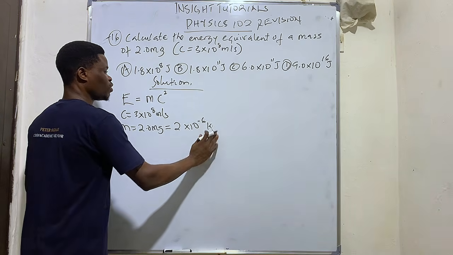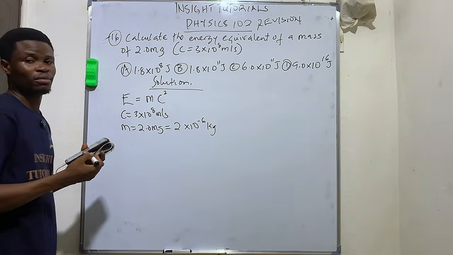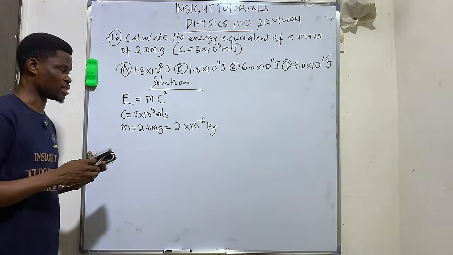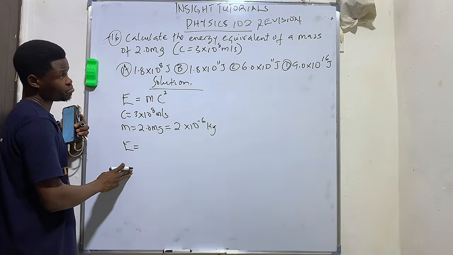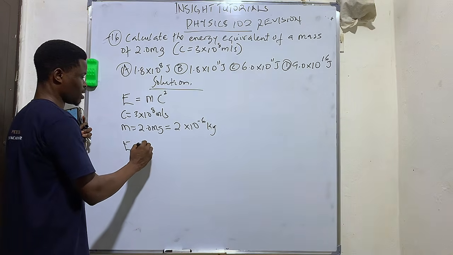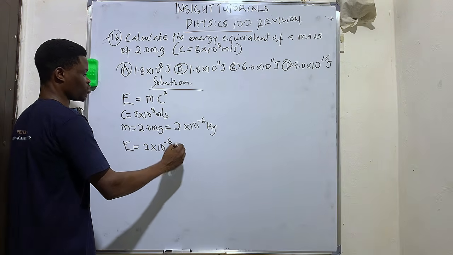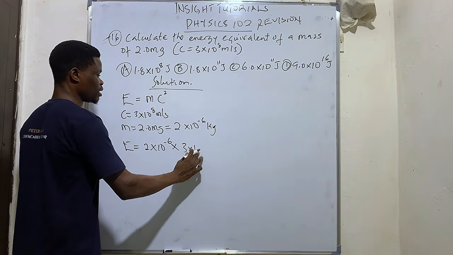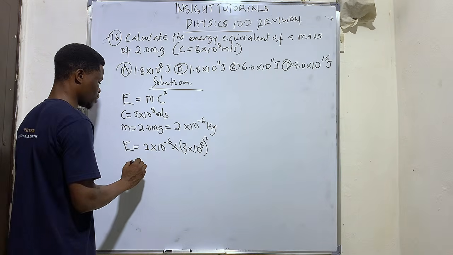Anytime you are to convert from milligram to kilogram, you multiply it by 10 raised to the power of negative 6. So we can get our equivalent energy by saying our mass of 2 times 10 raised to the power of negative 6 times the speed of light, which is 3 times 10 raised to the power of 8, all squared.